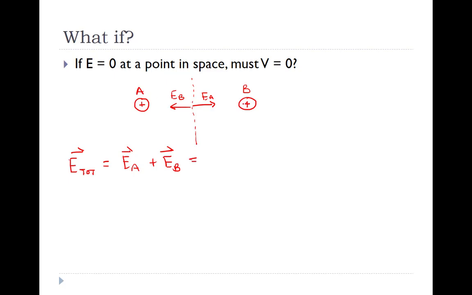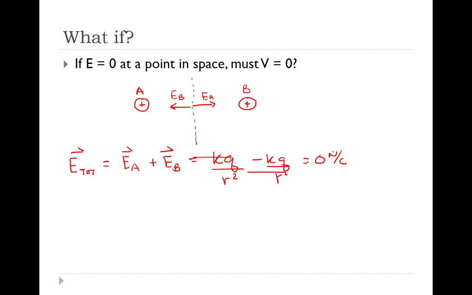These are the same charges, both the same magnitude, and as I said, the distance was halfway in between. Then what this will look like is KQ over R squared minus KQ over R squared, and that gives me my 0 for electric field.